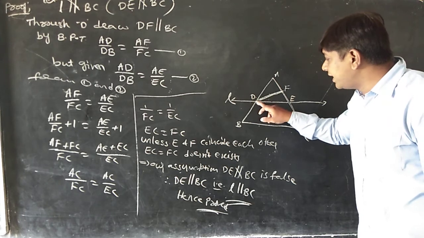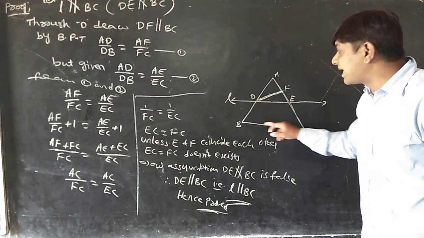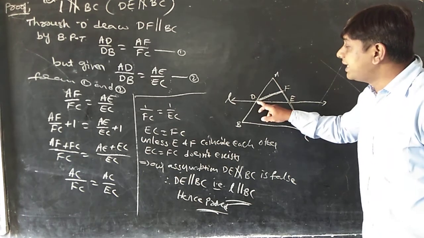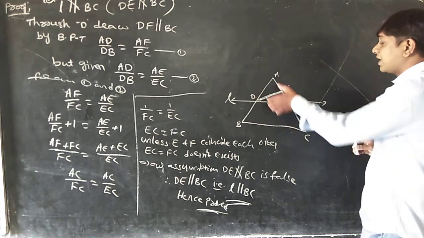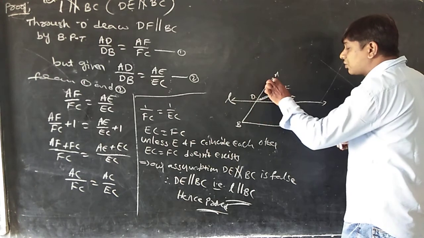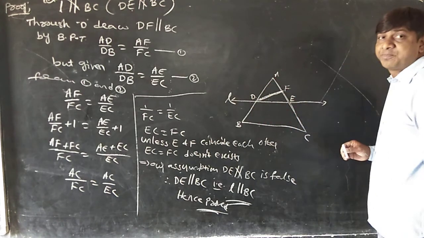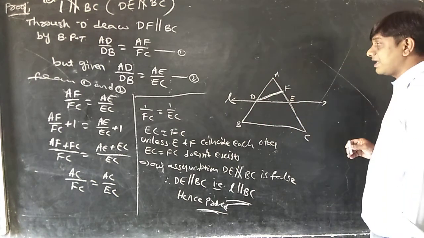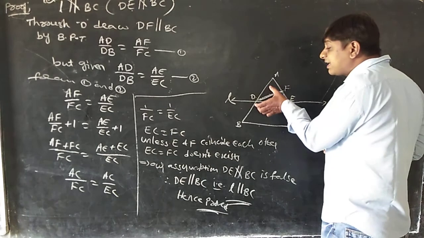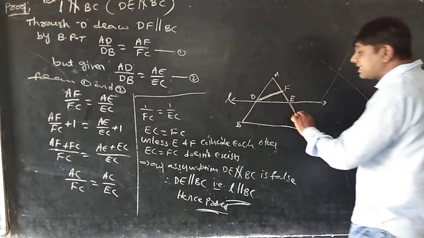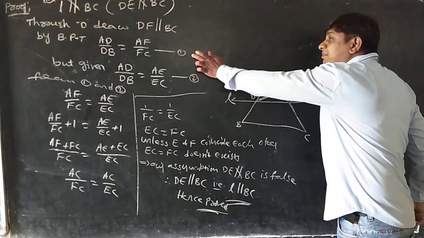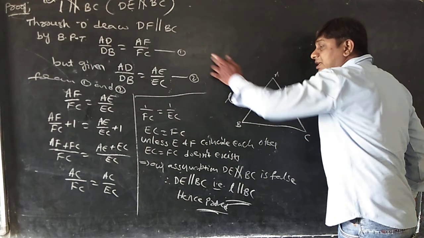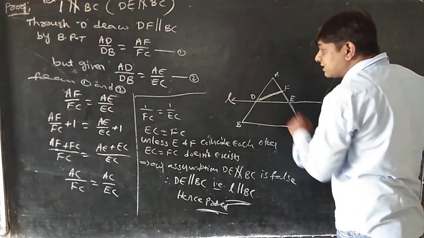So through D, draw DF parallel to BC. Through D, DF is parallel to BC means by the basic proportionality theorem, AD by DB is equal to AF by FC. But already they have given AD by DB is equal to AE by EC. The first equation is obtained by my assumption and the second equation is already given.